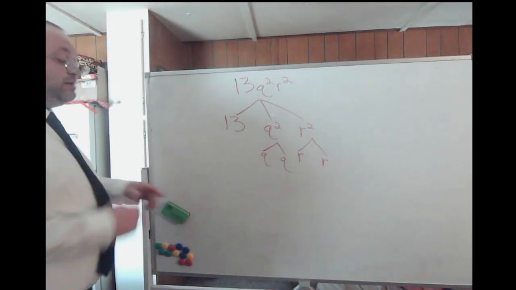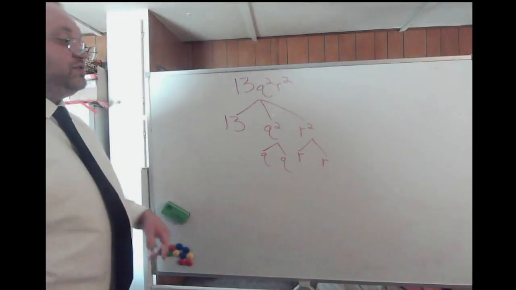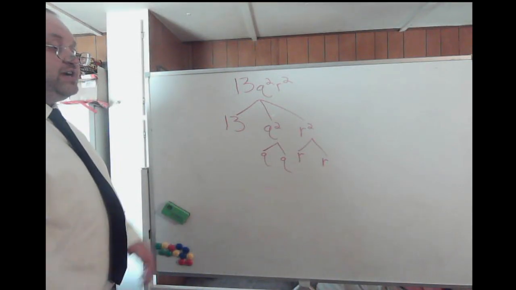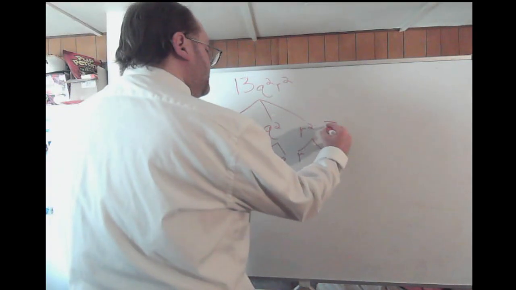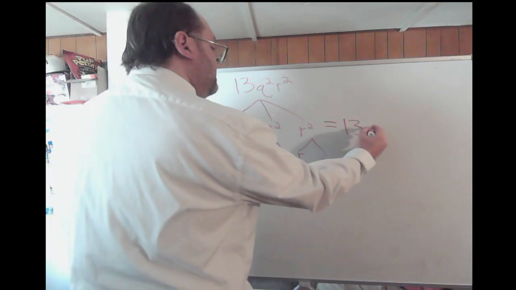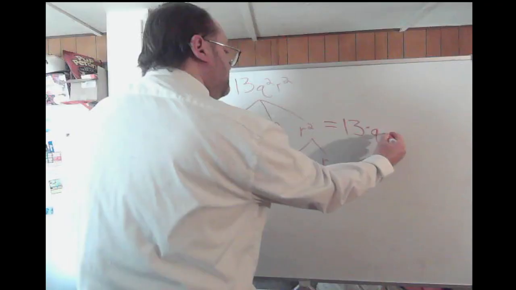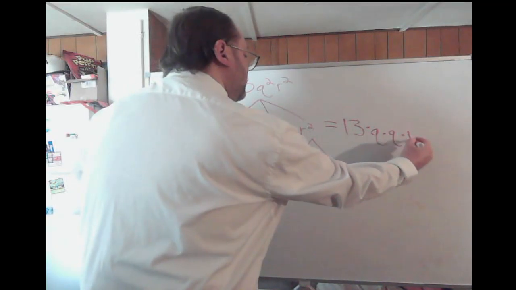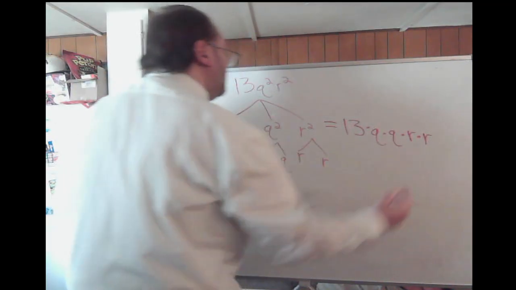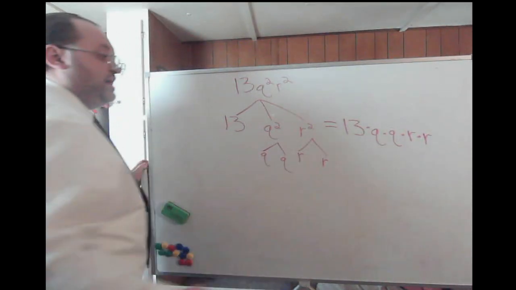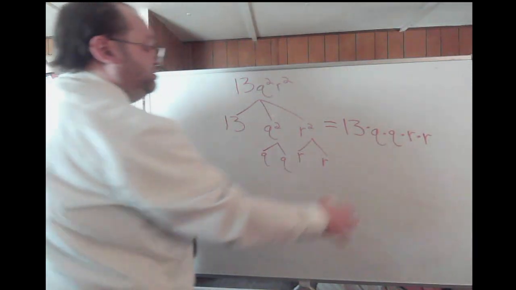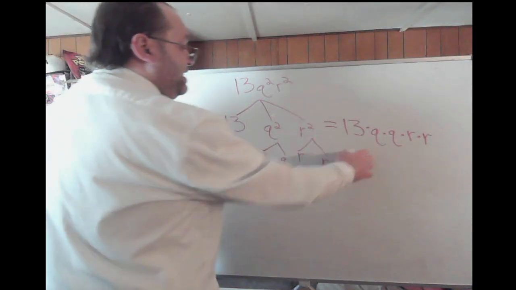Well, can we factor the q's or r's any further? We certainly can't. You just get a factor of 1 in itself. So your prime factorization is going to be 13 times q times q times r times r. Some teachers like the answer like that, by the way. When you factor completely out, some teachers do like that answer.